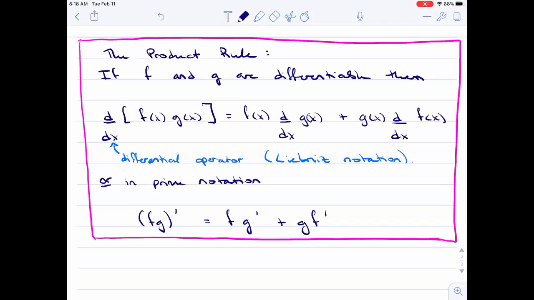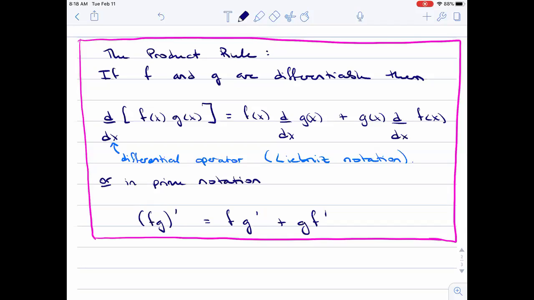Of course, prime notation is quite a bit easier on the eyes, and so usually if we have to memorize something, that's the easier way to do it. But just remember that they're saying the exact same thing, so it could give you either way.